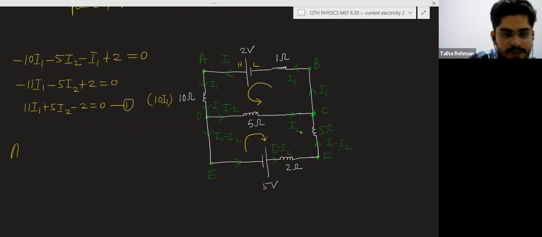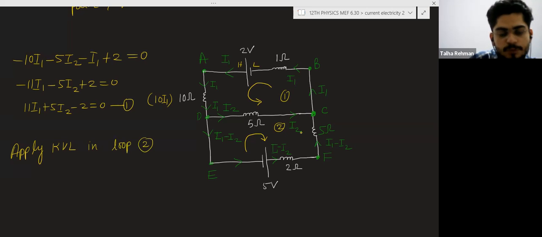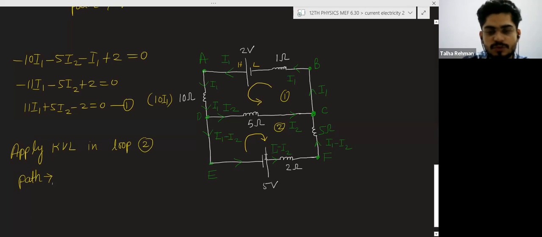So now we are applying KVL. Suppose this is loop 1, this is loop 2. You will have to choose the path also. So what is the path you will choose? You can choose the path in the opposite direction of the current. So this is the path I have chosen, DCFED.